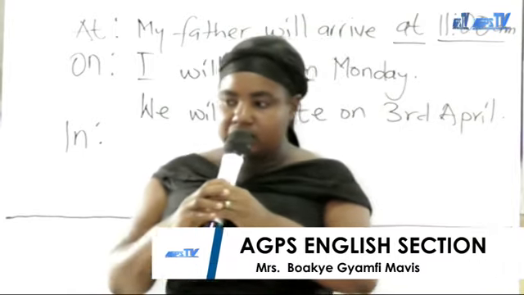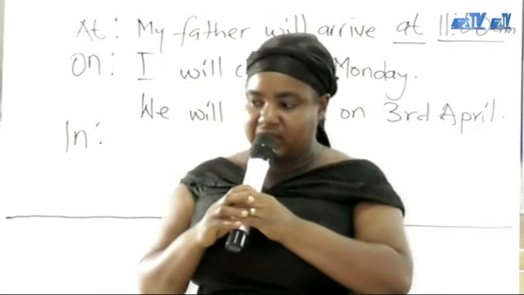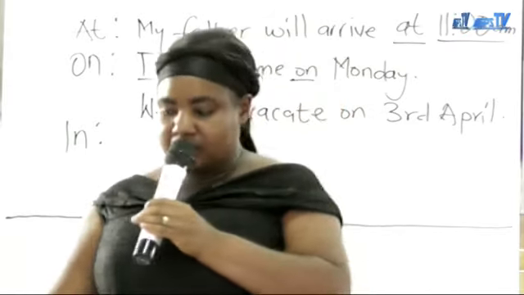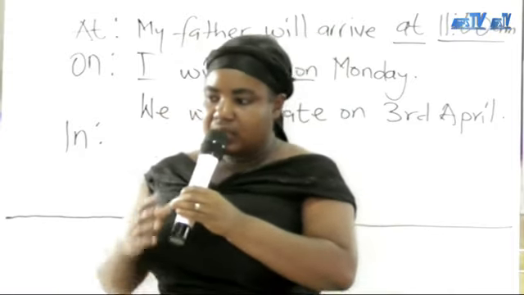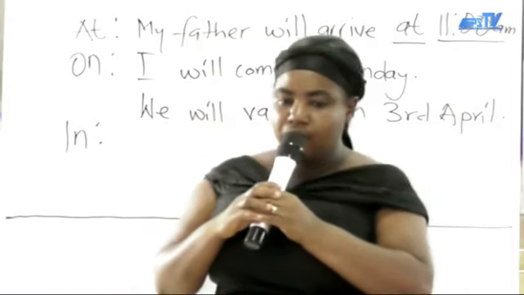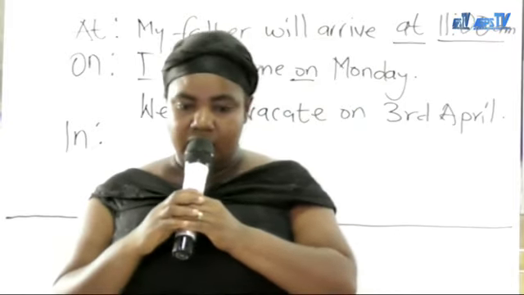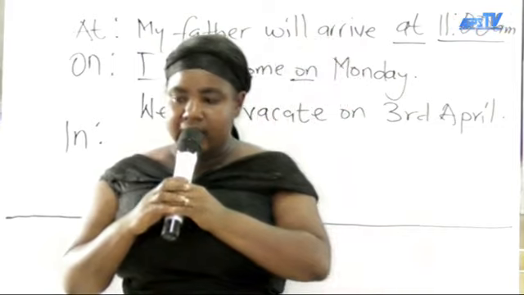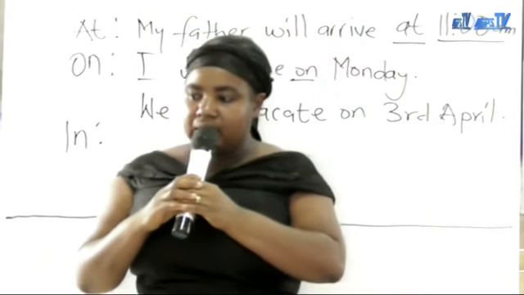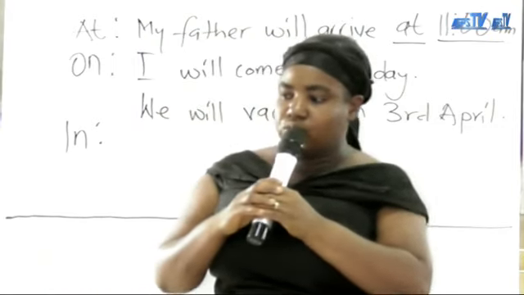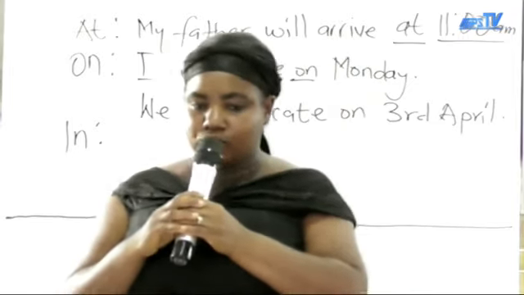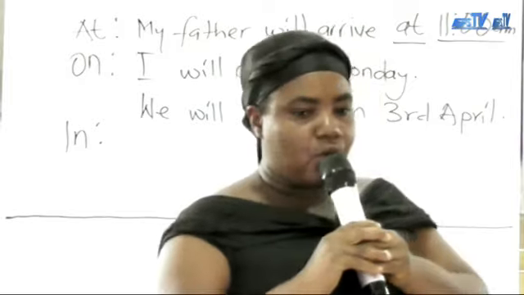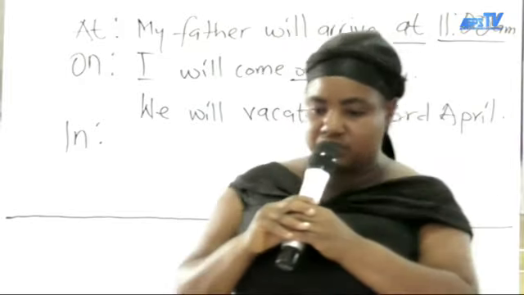Okay, so let's move on to prepositions that express movement. That one too, we have to, from, and towards. Example, the team will jog to the stadium. When you are using to, you can say the team will jog to the stadium.